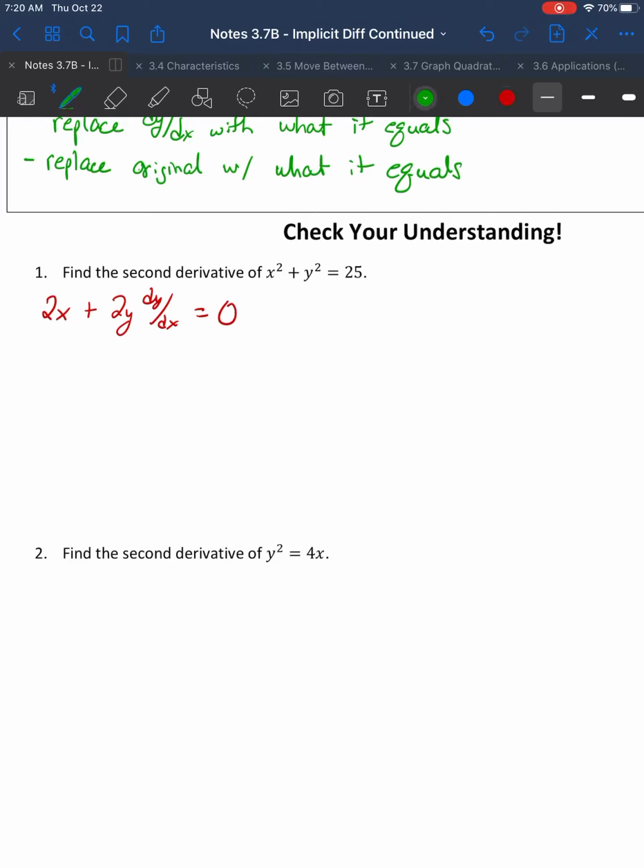Okay, so let's begin with number 1. Derivative of x squared is 2x plus the derivative of y is going to be 2y dy dx equals the derivative of 25, which is 0. So now we're going to solve for dy dx, just like what we were doing on the last lesson.